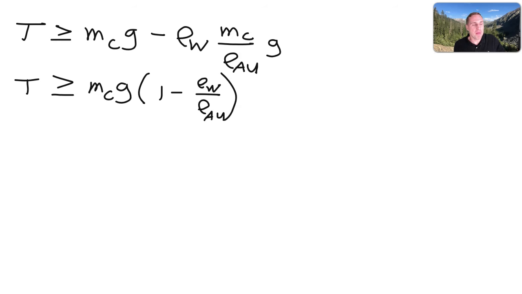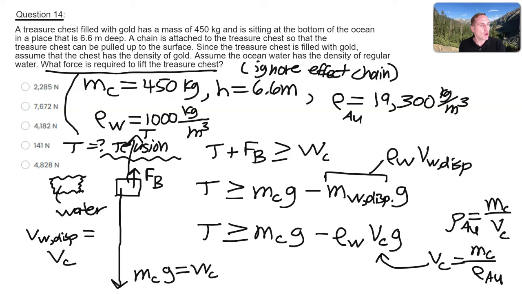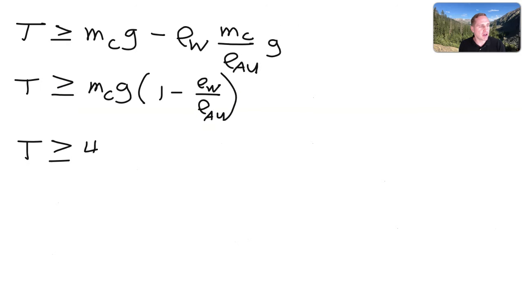Kind of interesting, right? And this is where you get into the idea of what's sometimes called reduced gravity, or basically there's a weight reduction, if you will, due to the buoyancy force. Okay, so let's get this calculated. The tension is greater than or equal to the mass of the chest, which was given as 450 kilograms.